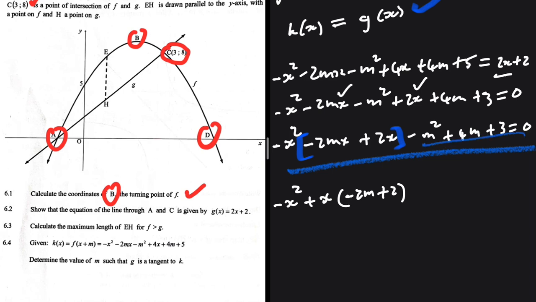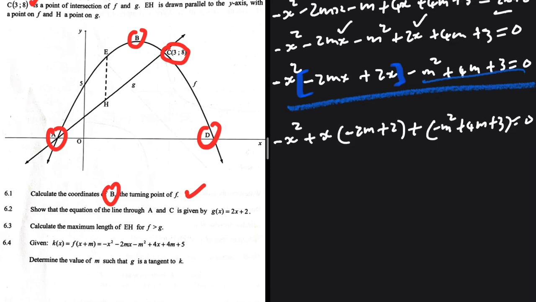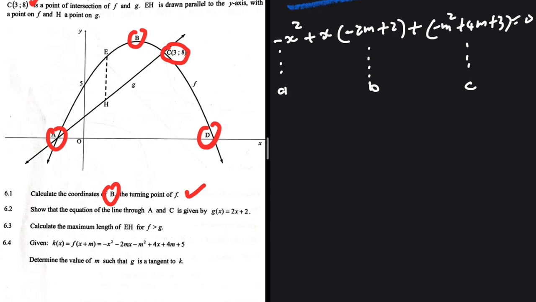So we have plus minus m squared plus 4m plus 3 being equal to 0. So this is a, this is b, this is c. All right, so we need to find the discriminant of that. We need to find that delta, which is equal to b squared minus 4ac.